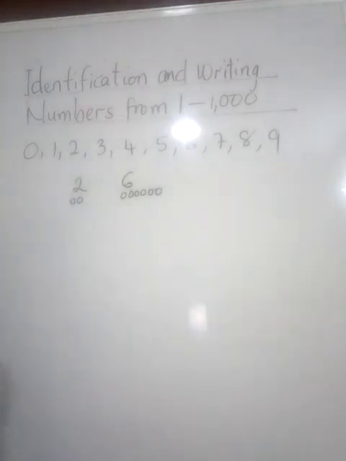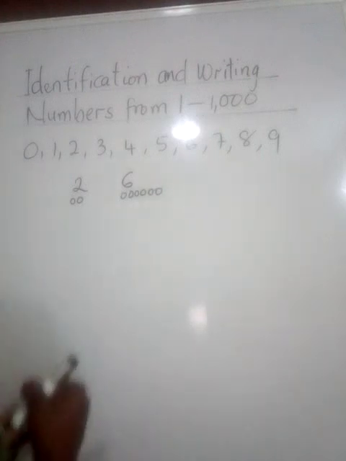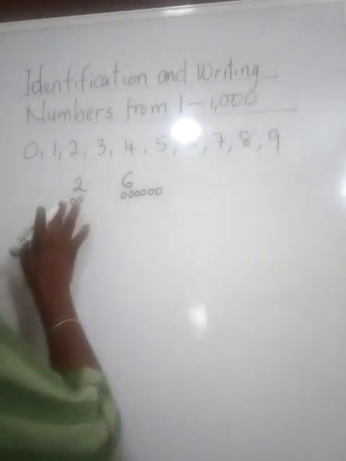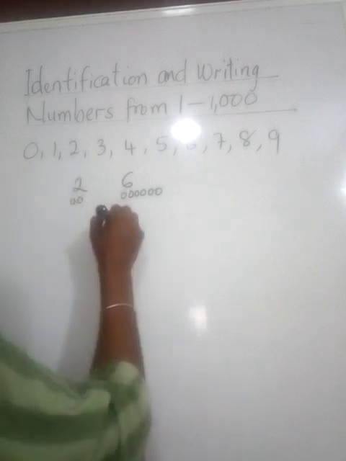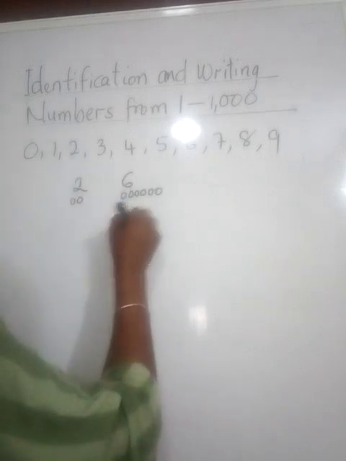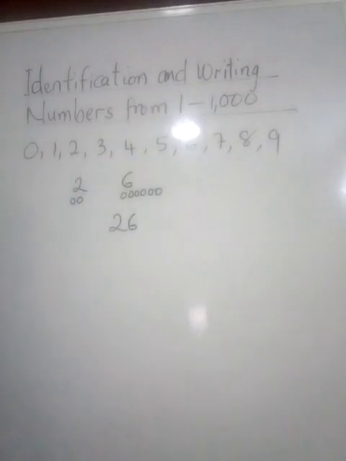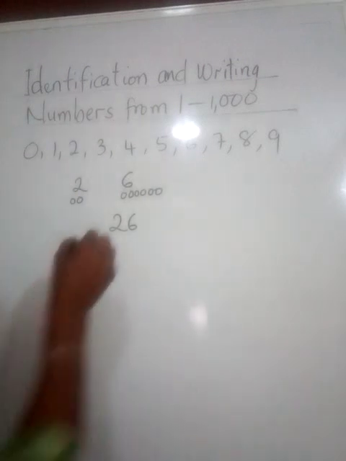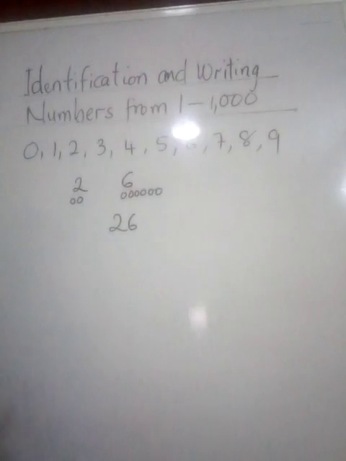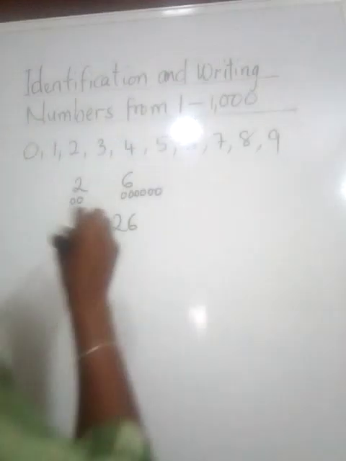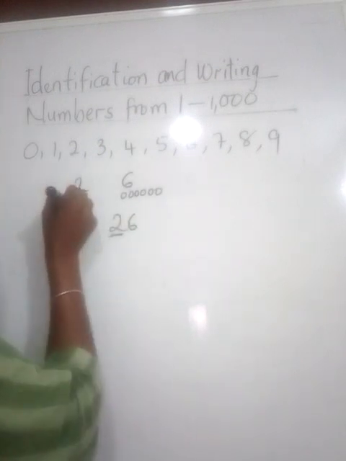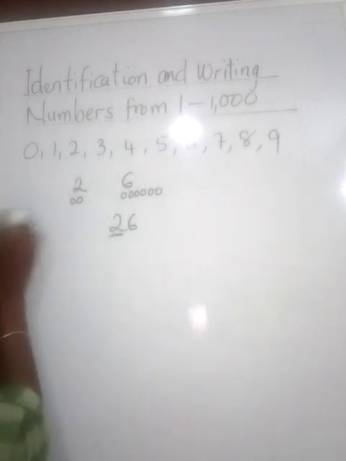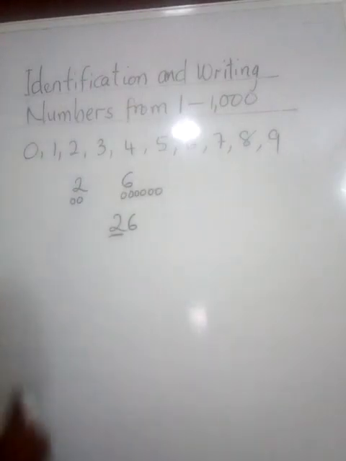Let's look at these 2 and 6 that we have brought out. Here they exist individually, but now we're going to combine the two of them and we have 26. We are used to this number, so we have 26. Now this 2, which when it was alone had just the value of 2, is no longer 2.